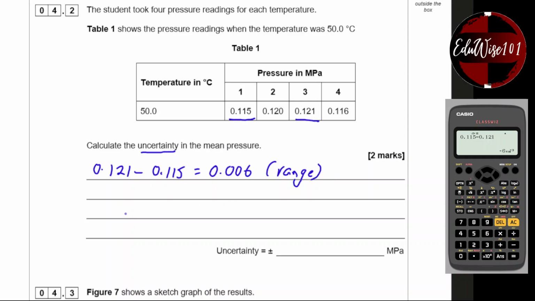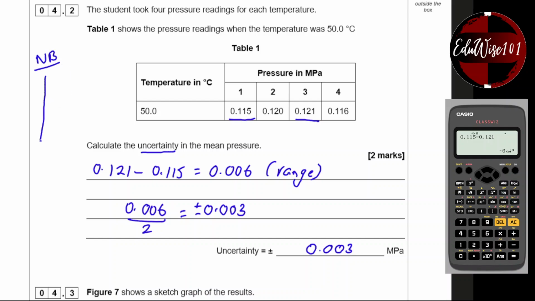So the uncertainty is the midpoint of this range. So 0.006, divide that by 2, that gives me 0.003 plus or minus. They've already given you the plus or minus sign here. So 0.003.